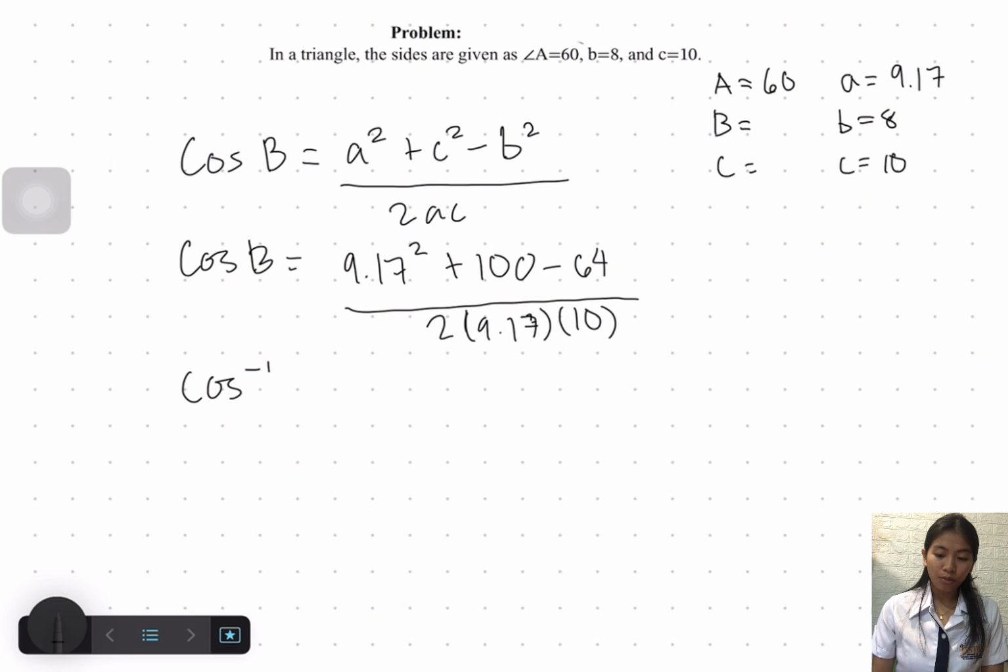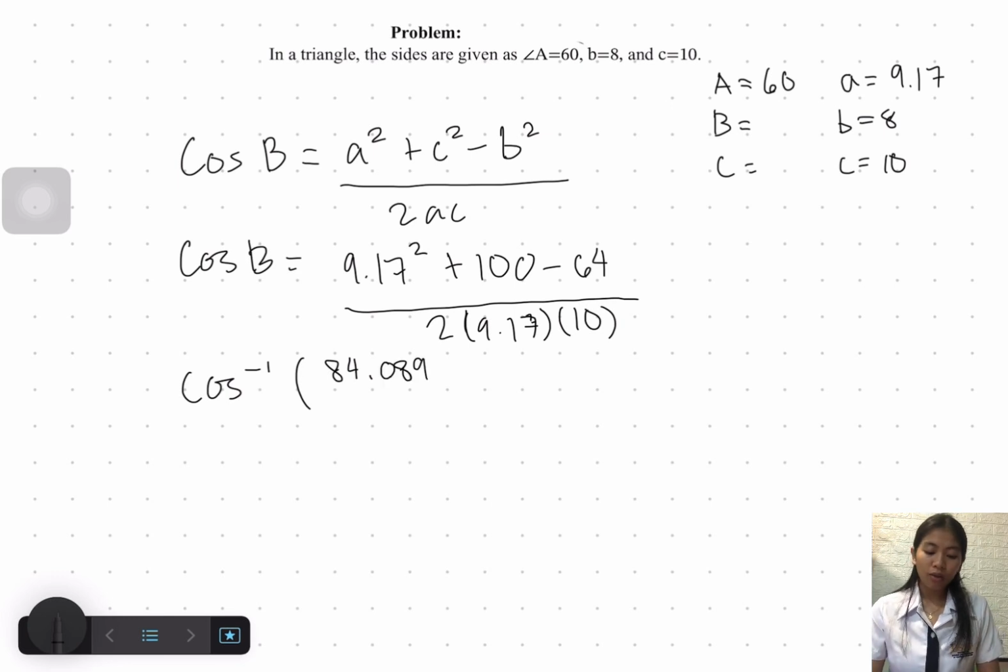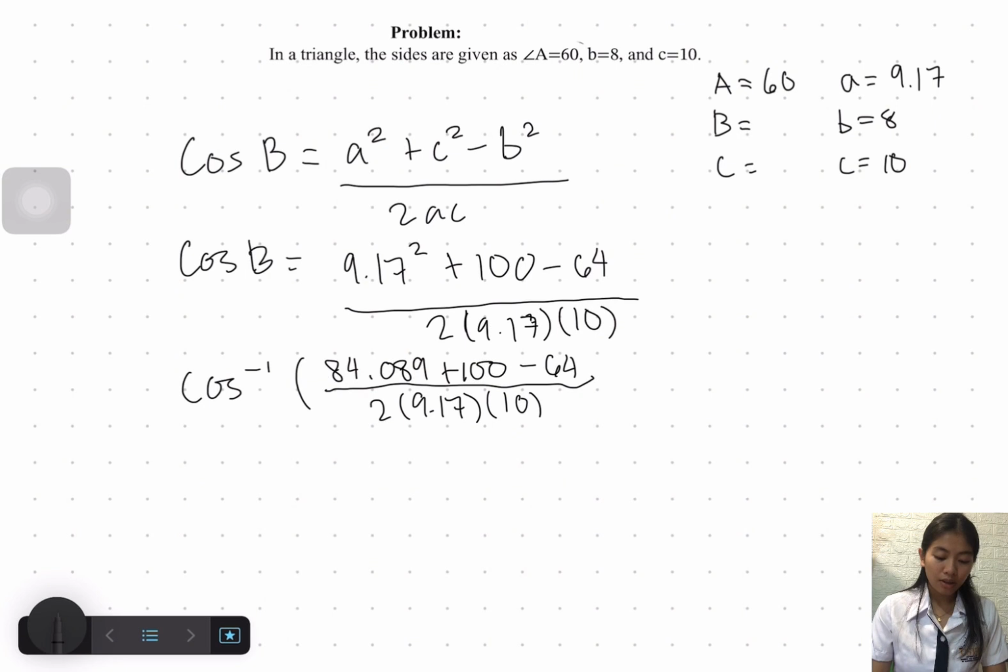We need to remember that in order to find the angle, we should always press shift. So here we have cosine inverse of (84.089 plus 100 minus 64) over (2 times 9.17 times 10), and that would give us the answer of 49.09. So that is for the angle B.